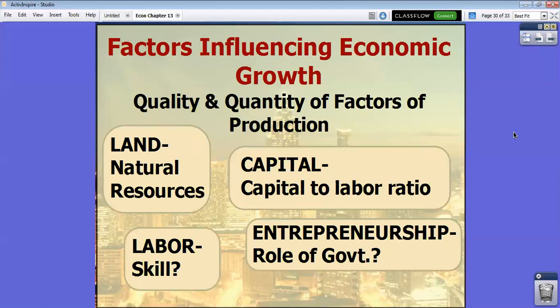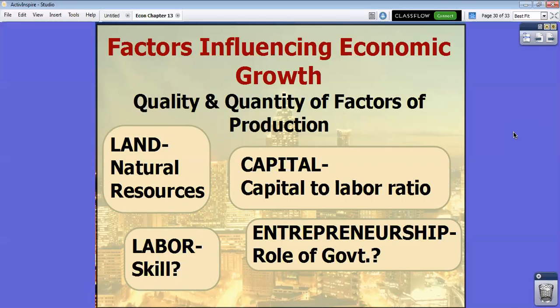The last thing that you looked at in this chapter is how do we grow economically? What factors influence economic growth? And this brings us back to chapter 1 with the factors of production: land, labor, capital, and entrepreneurship. The amount of those factors of production matters, but also the quality matters. Land, our natural resources. The United States is fortunate enough to be fairly self-sustainable, in that we have the natural resources we need in abundance to be able to produce quality goods.